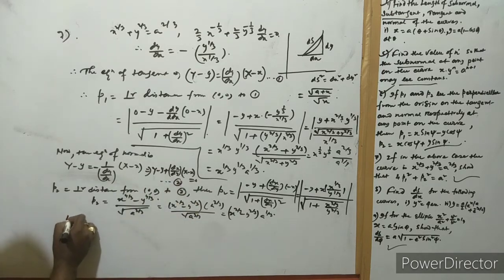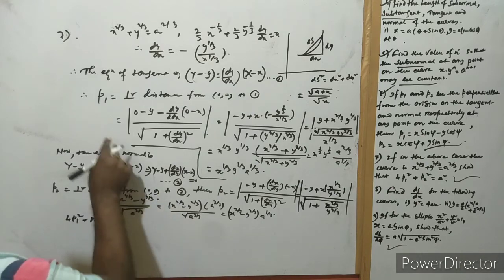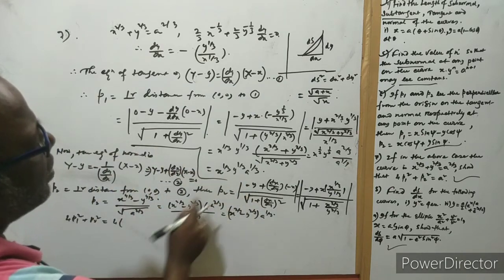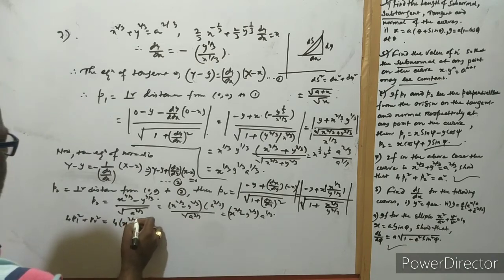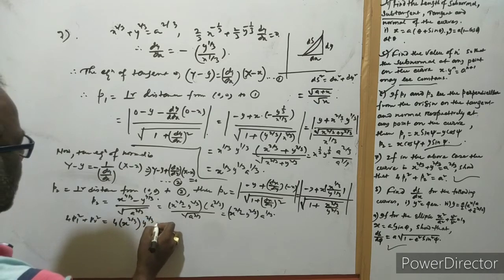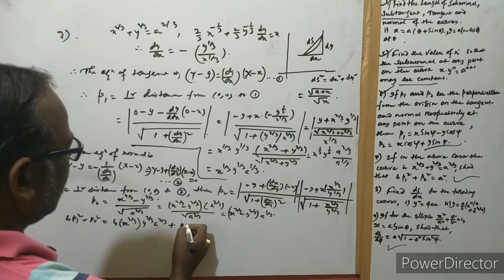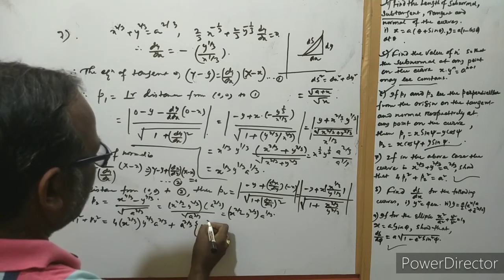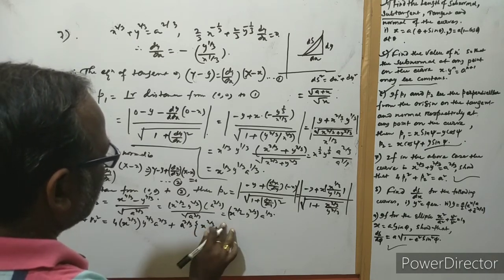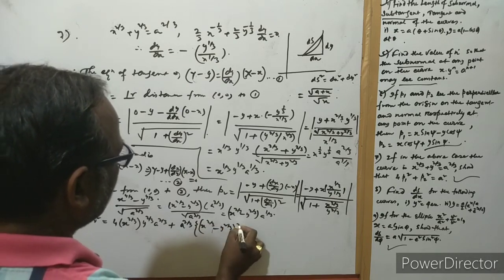Now 4P1 square plus P2 square. 4P1 square, this is P1 square, we can write x1 to the power 2/3, y1 to the power 2/3, a to the power 2/3, plus P2 square, a to the power 2/3 square, x to the power 2/3 minus y to the power 2/3 whole square.